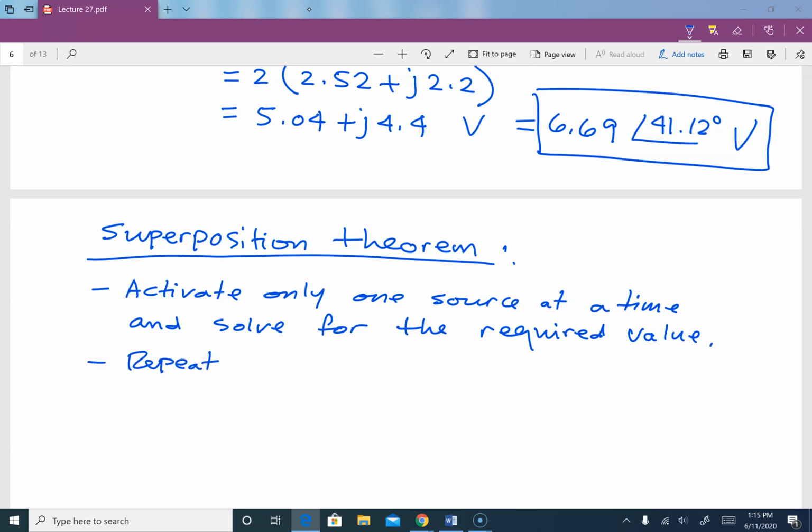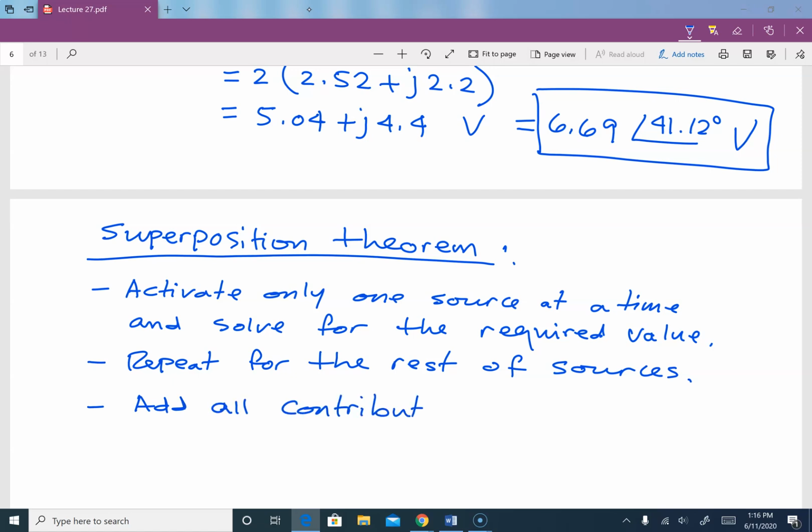Repeat for the rest of the sources, and then add all contributions to get the final answer.